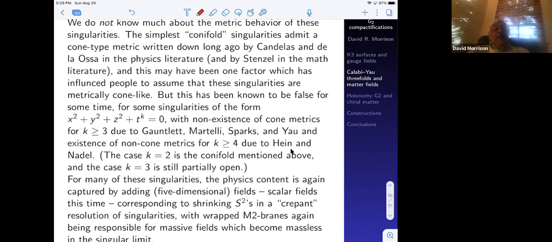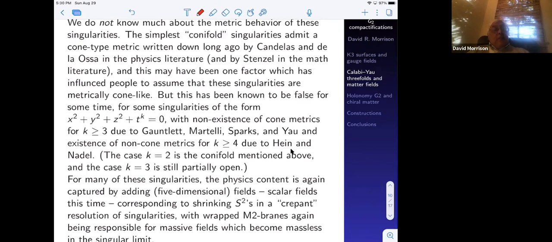And a little more recent is the existence of non-cone metrics, which are Ricci flat, for k at least 4, due to Hein and Naber. The k equals 2 case is the conifold that I already mentioned, so that was already known. And the k equals 3 case is not covered by their results, so that's still partially open. So we don't necessarily have cone metrics. That's part of our problem.